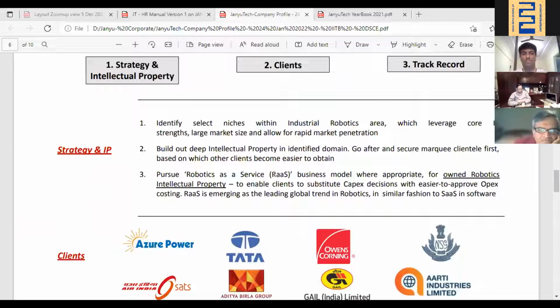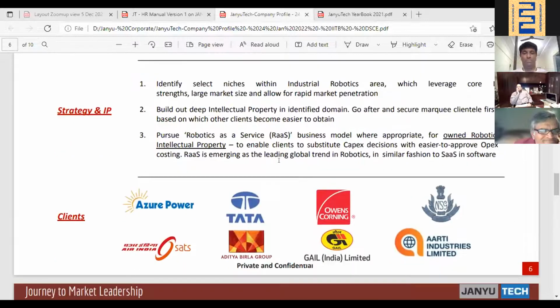So as of today, long story short, we identify specific niches in specific areas, and we look at the overall impact we are going to have in that industry with that particular product line, and we try to develop a deep product line there. Initially it used to be us developing for free, now we charge for the development as well, and later expand the market.